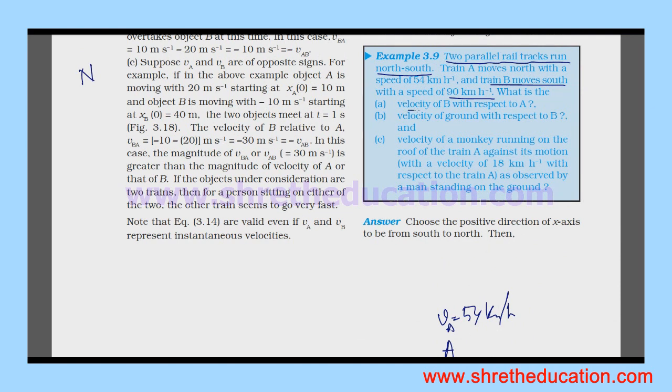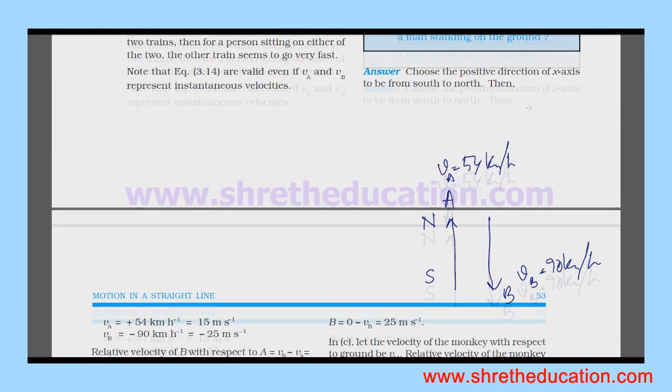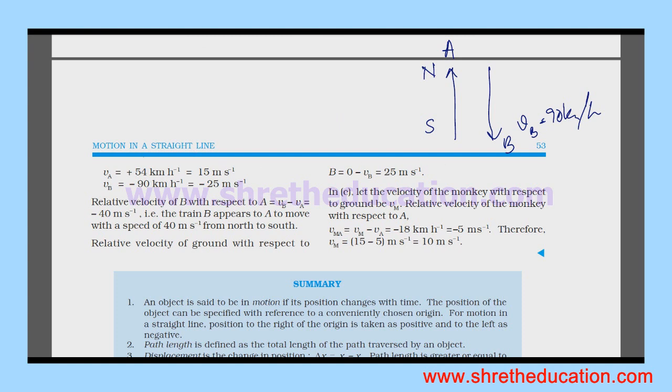What is the velocity of B with respect to A? Let me convert the velocities from kilometer per hour into meter per second. 54 km per hour is 54 into 1000 divided by 60 into 60 seconds, which is 15 meter per second.